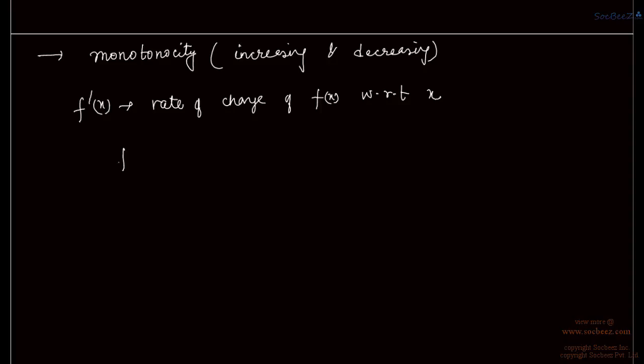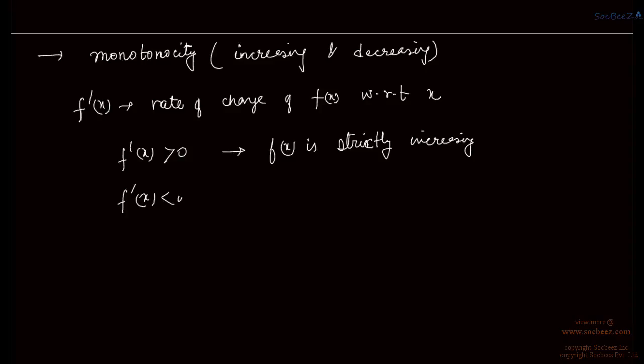If f dash x is greater than 0 in some region, then we can say that f(x) is strictly increasing. And if f dash x is less than 0, then f(x) is strictly decreasing.